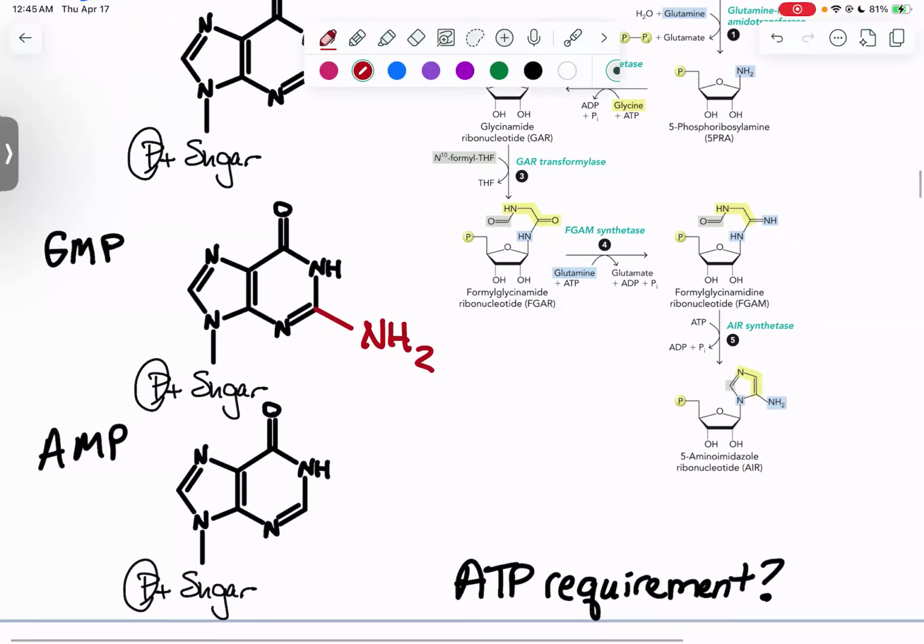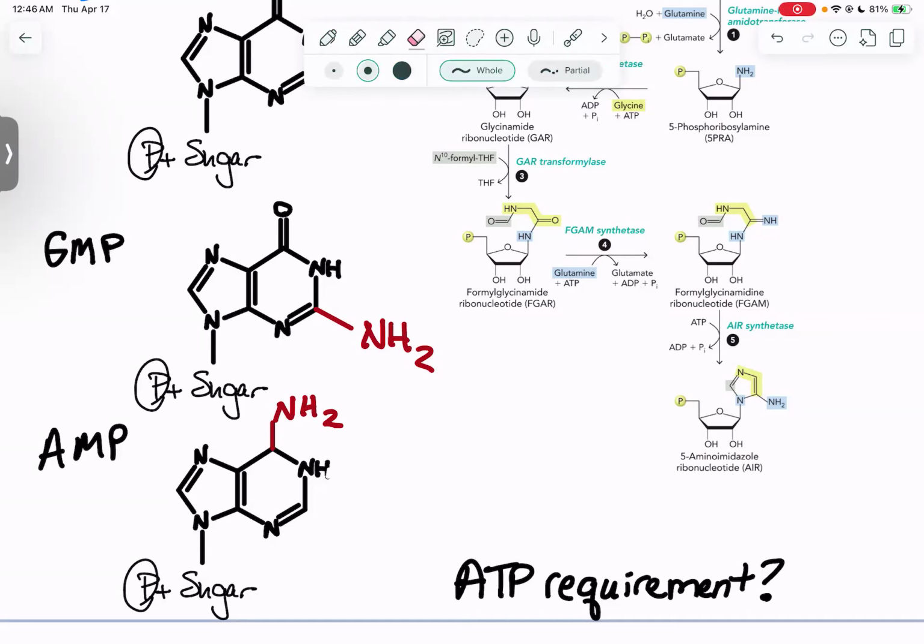How about AMP? What are we going to do here? Well, in this one, we're going to replace this carbonyl group, right? We're going to get rid of that carbonyl group. So let's kind of get rid of it. And what we're going to do is add here another amine. So we have an NH2. We're going to lose this hydrogen.